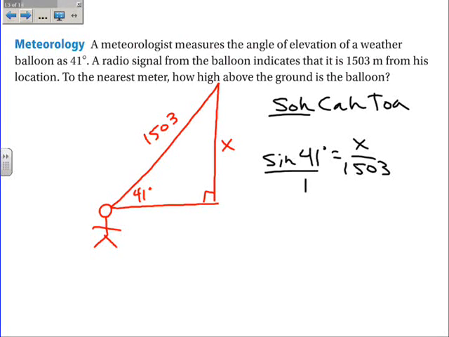Make it a proportion, I cross multiply. X equals 1,503 times the sine of 41. X is equal to 986 meters. So from the meteorologist's eyes, it's 986 meters above that.